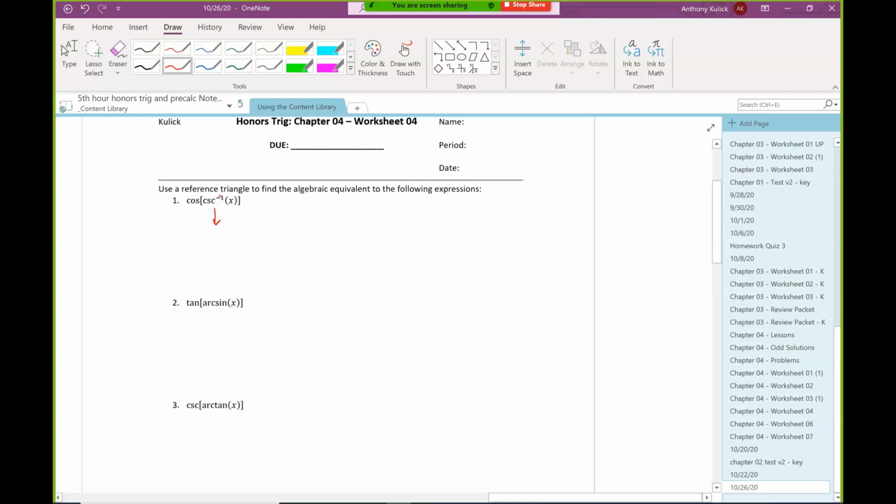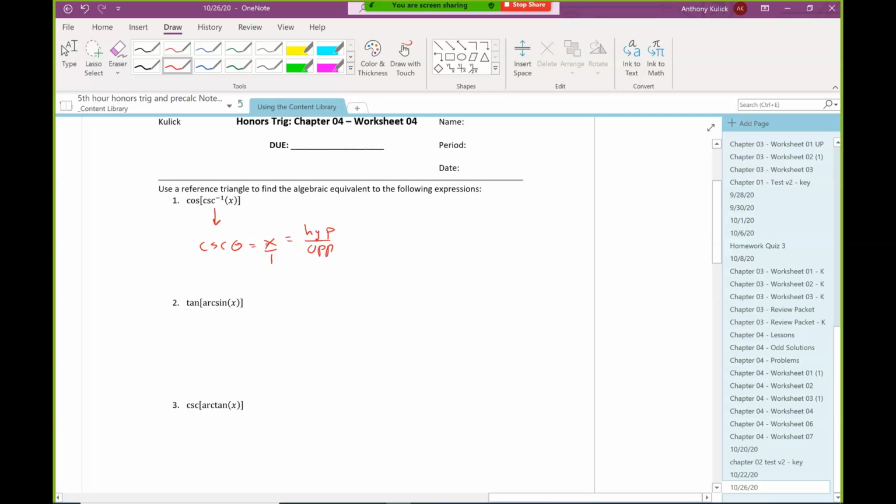So I'm going to start with the inside piece, that cosecant inverse of x is the same thing as cosecant theta is equal to x. And I remember that cosecant is hypotenuse over opposite.